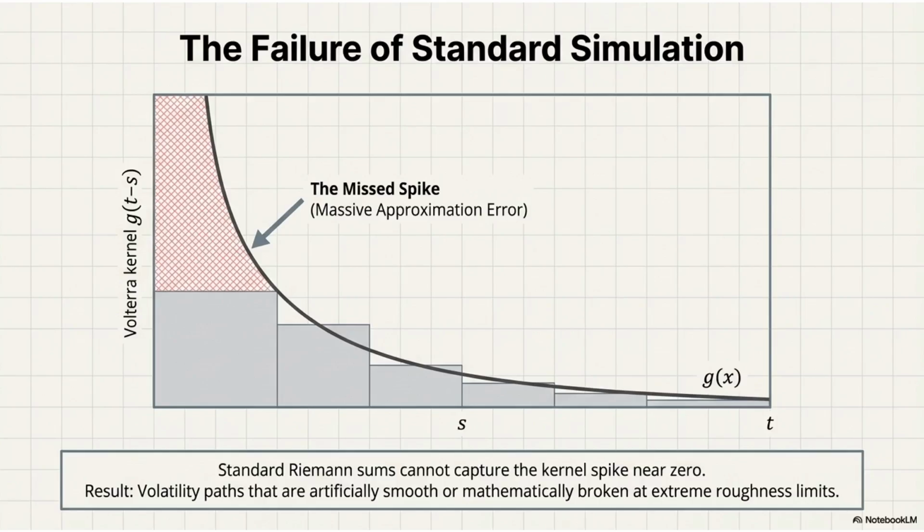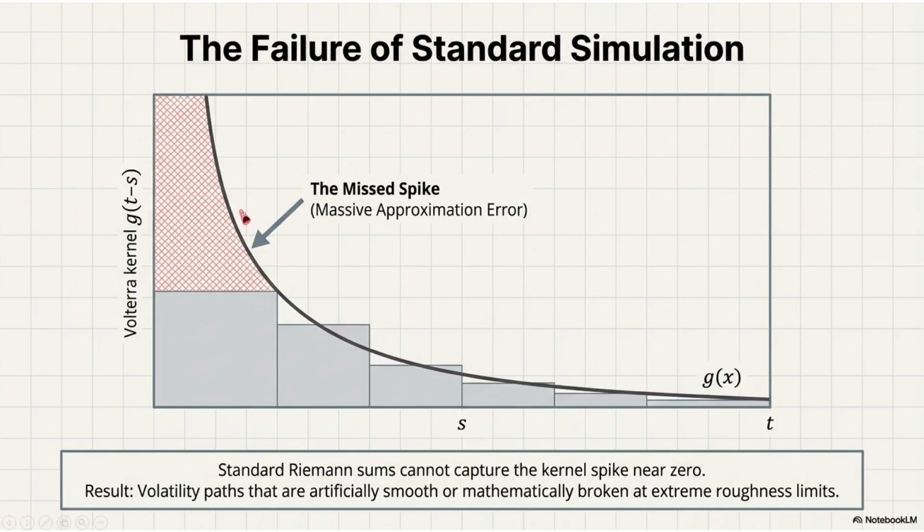Drawing flat boxes completely misses this massive spike. This leaves a huge chunk of missed area, shaded here in red, which represents massive approximation error. As a result, the standard Riemann sum gives you volatility paths that are artificially smooth or mathematically broken at extreme roughness limits.